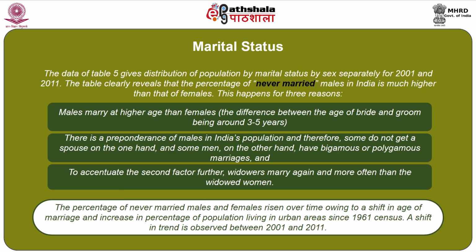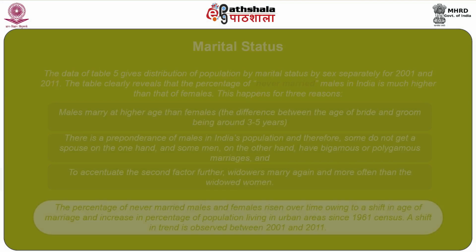The percentage of never married males and females has risen over time owing to a shift in age of marriage and increase in percentage of population living in urban areas since 1961 census. A shift in trend is observed between 2001 and 2011.